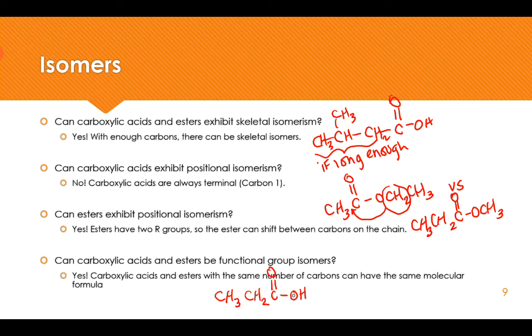Here's my carboxylic acid version that had 3 carbons to it. And if I shift that C double bond over 1, then I can take this CH2 and shove it in there, and now it becomes a CH3 group, and so that CO gets shifted over. And so those are functional group isomers. They will have the same molecular formula.